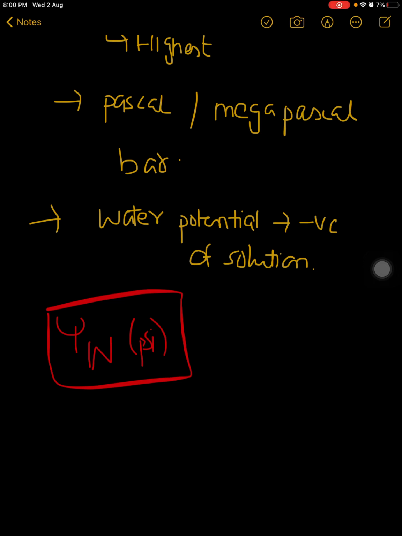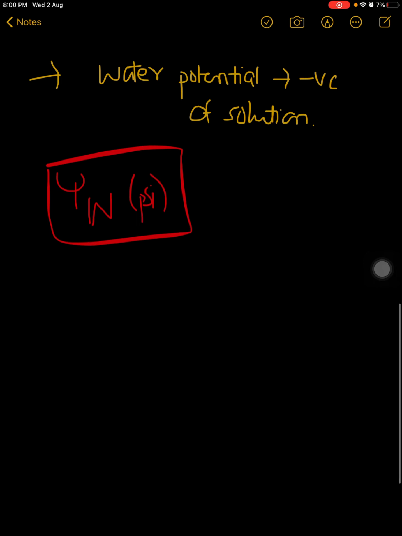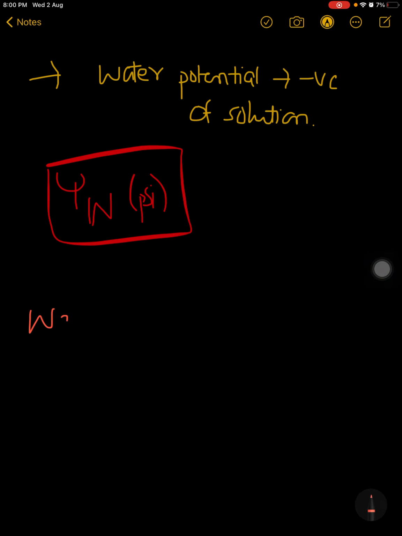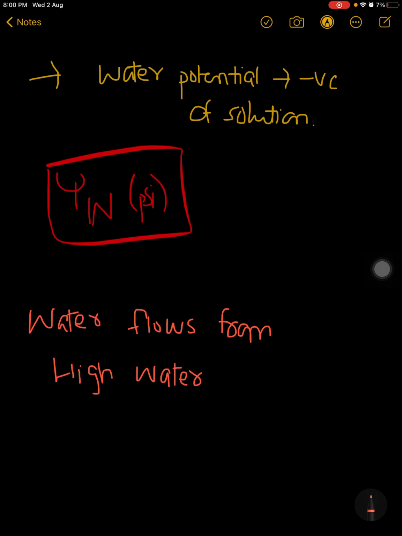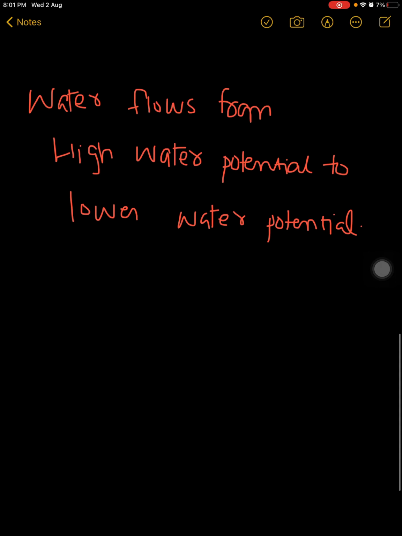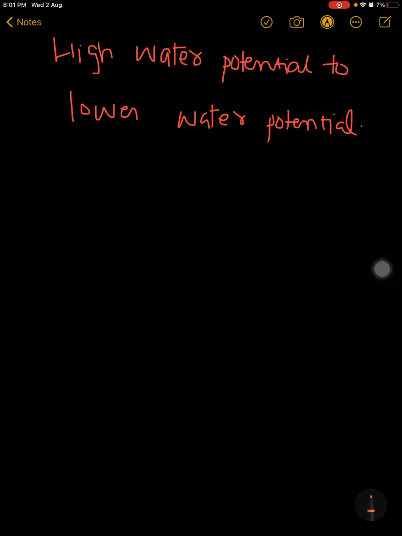Now water flows from high water potential to lower water potential.